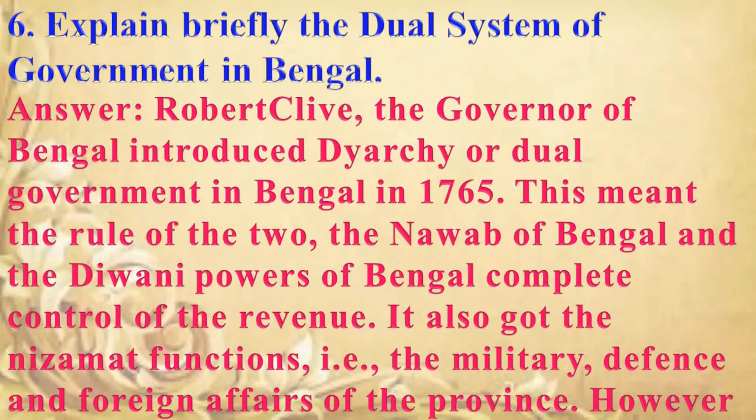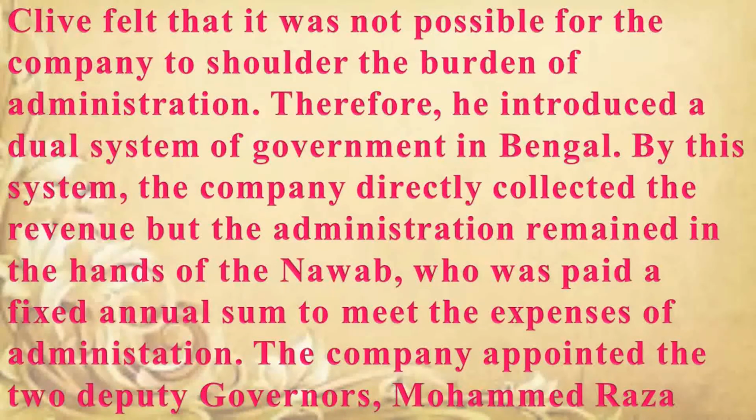It also got the Nizamat functions, that means the military, defense, and foreign affairs of the provinces. However, Clive felt that it was not possible for the company to shoulder the burden of administration. Therefore, he introduced a dual system of government in Bengal.